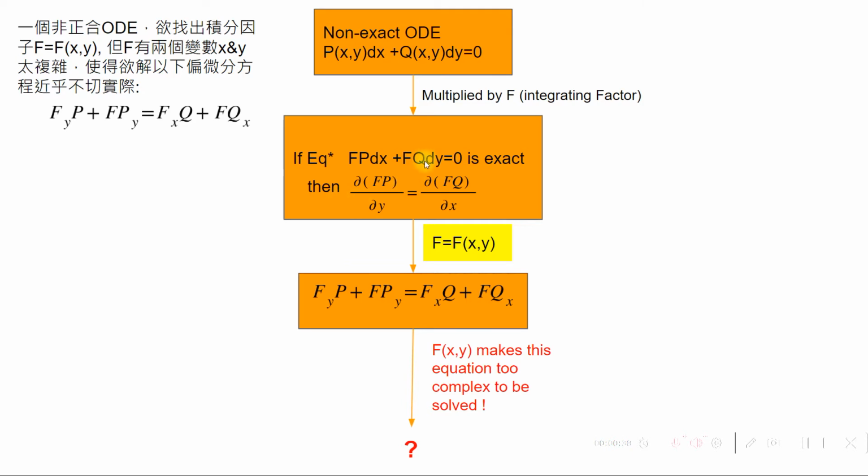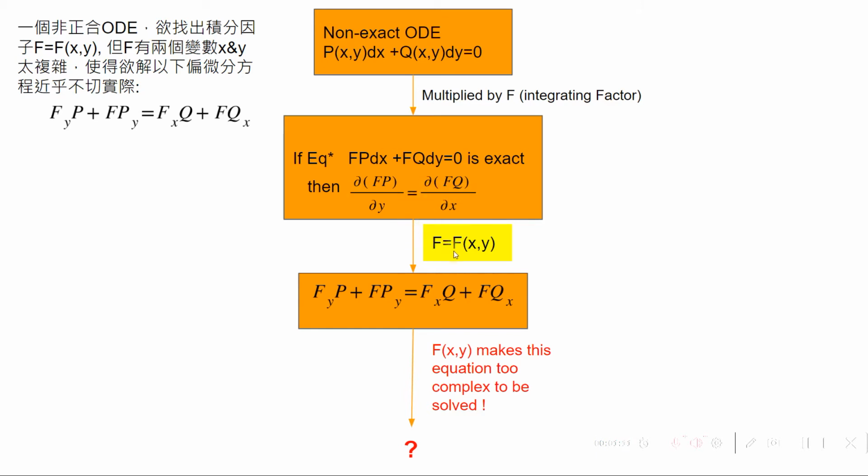Because this is assumed to be exact, the exactness condition has to be met. We take the partial derivative of fp with respect to y, which is this one, and we take the partial derivative of fq with respect to x, which is this one, and they should be equal to each other.